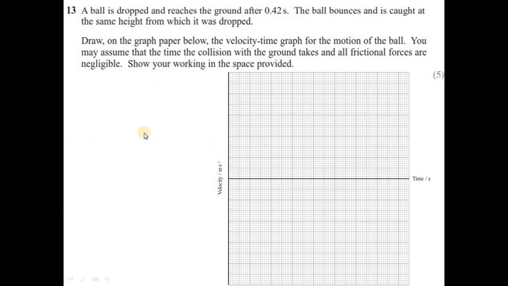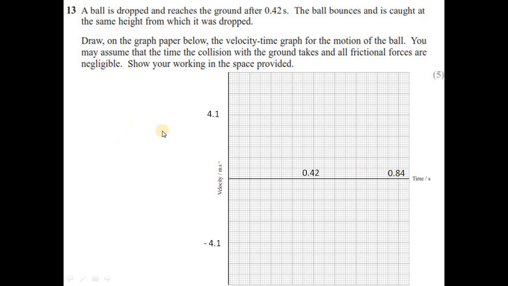So that's how we do that. Remember, the final velocity at the time of bounce is 4.1. So this is your positive velocity 4.1, and this is your negative velocity 4.1 in meters per second, and these are the time of bounce and the time when the ball was caught.